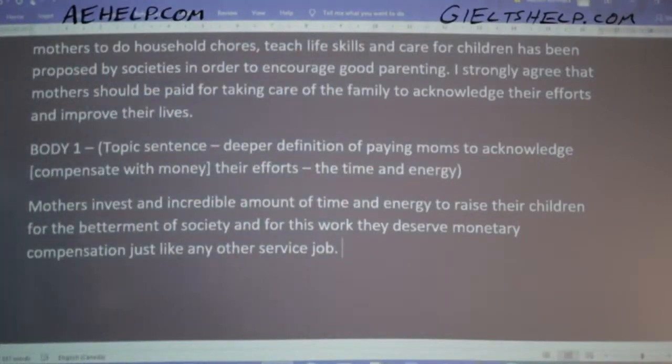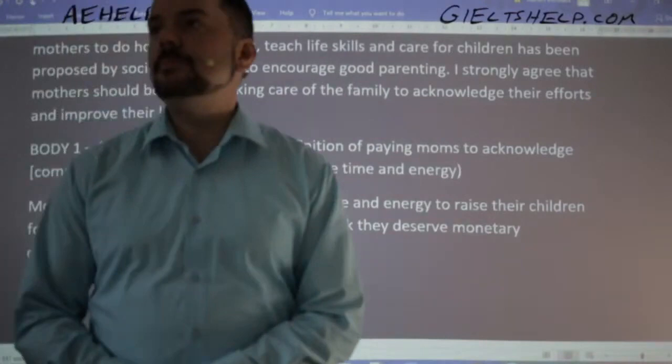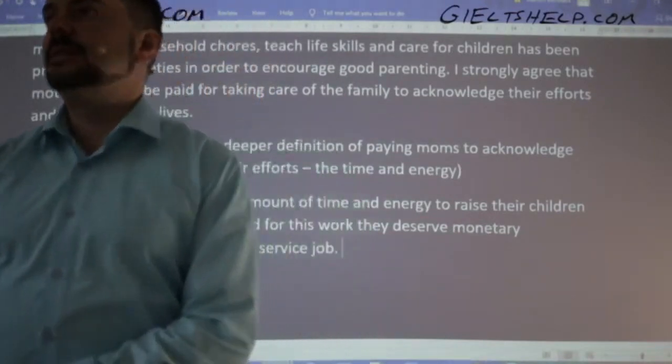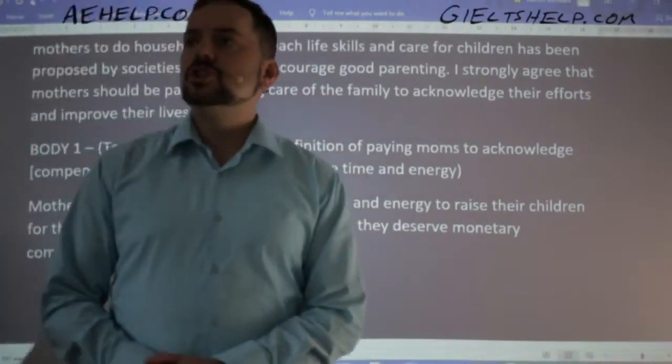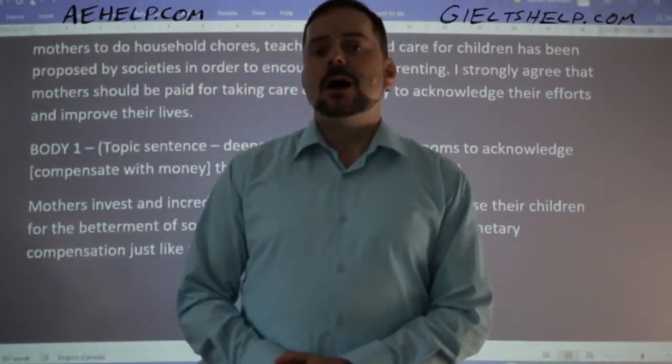All right. So I can see there's lots of other great topic sentences coming up. Very good. Amit writes, mothers give 8 to 10 hours daily for not only making food for their family, but cleaning the house, washing clothes, which should be awarded with money. Okay. All right.